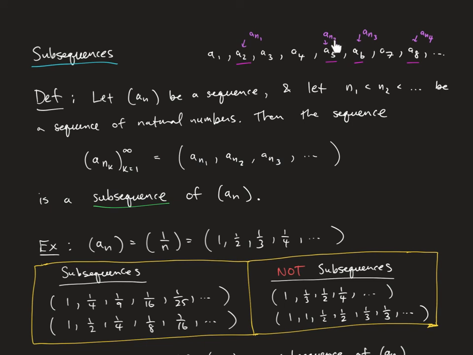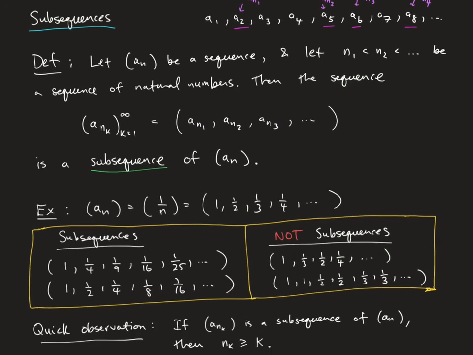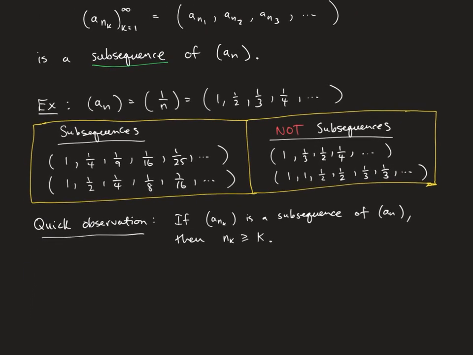So in this example, your n2 is 5, that's bigger than or equal to 2, and your n3 is 6, that's bigger than or equal to 3. Your n4 is 8, that's bigger than or equal to 4. So the kth element of your subsequence is always further along in the sequence than the kth position in the sequence itself. All right, so hopefully that makes sense.